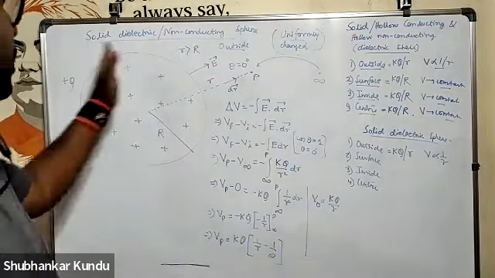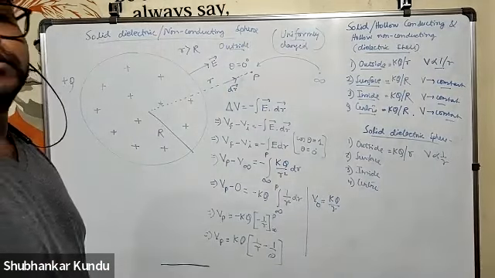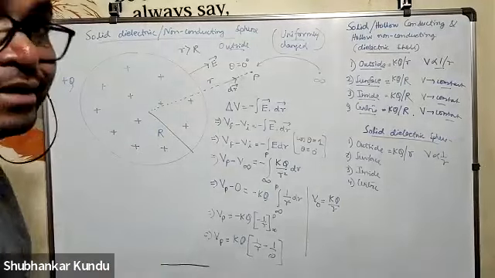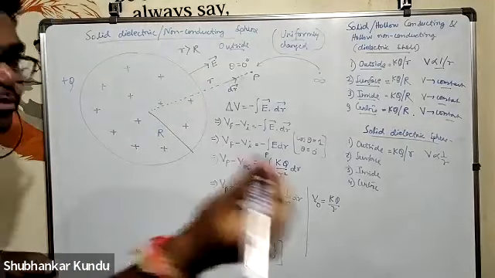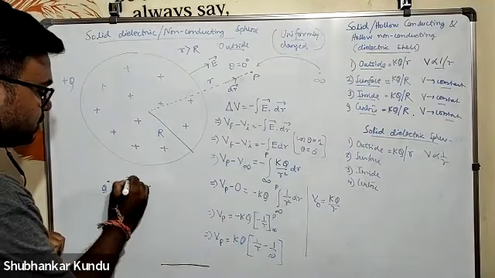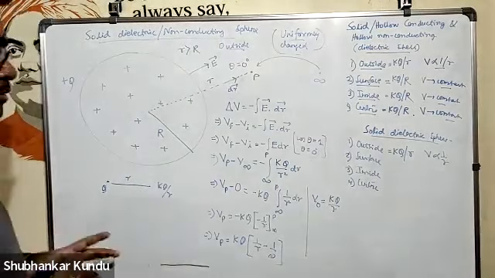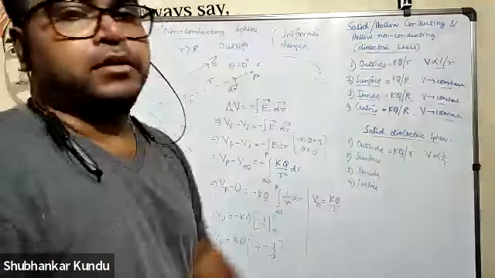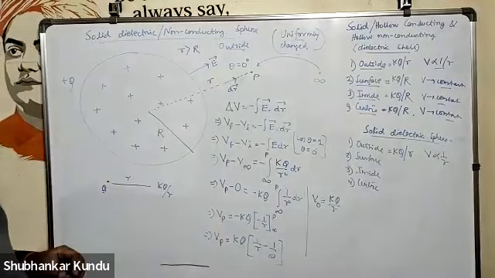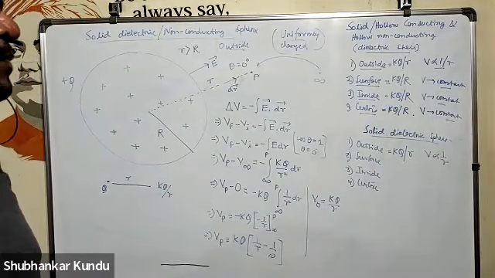That means for a solid dielectric non-conducting sphere also, I can imagine the entire charge to be concentrated at the center of the sphere as a point charge plus Q, because we know from a plus Q point charge, the potential at a distance is KQ upon R. Same expression. So I can consider the entire charge distributed in the volume to be located at the center of the sphere as a point charge. Clear?